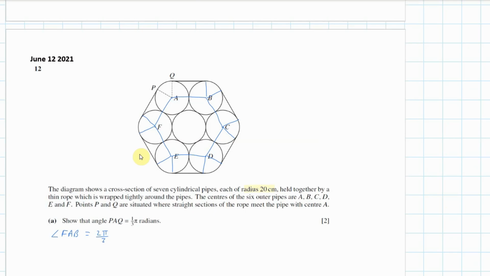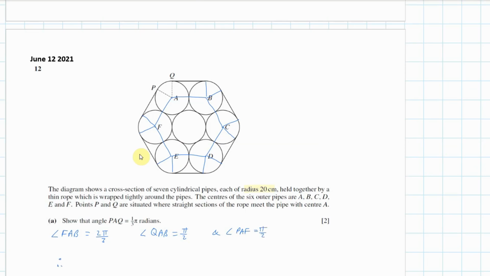And I also know that angle QAB is pi over 2, and angle PAF is pi over 2.